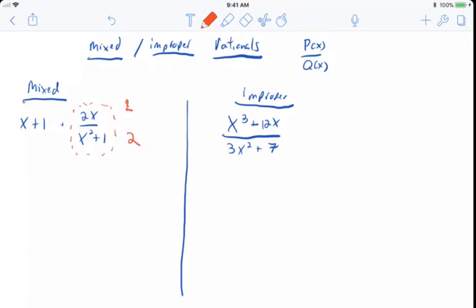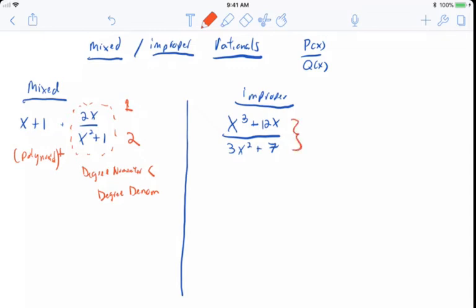If the degree of the numerator is less than the degree of the denominator, and then this type is added to a polynomial, then it's a mixed.